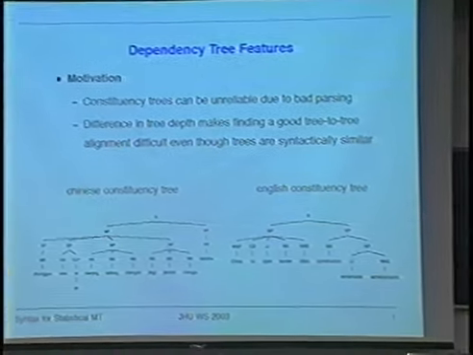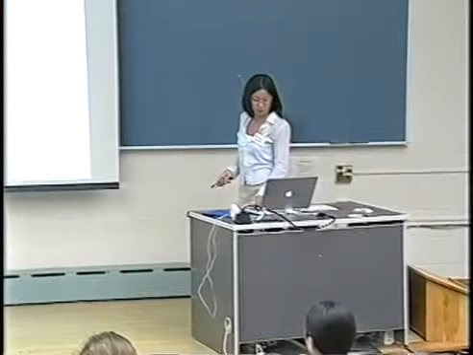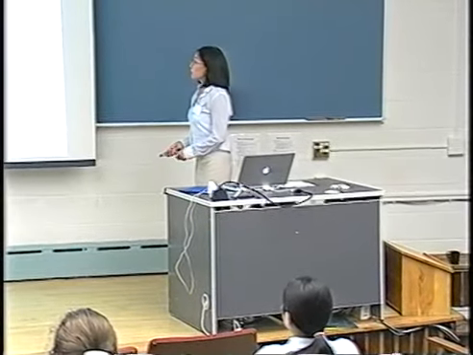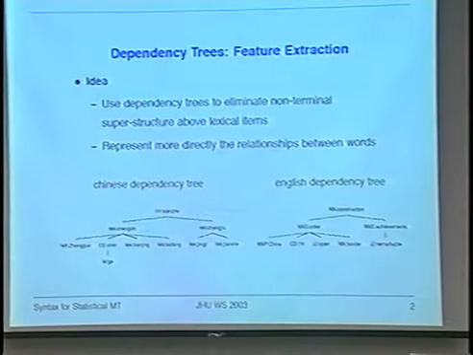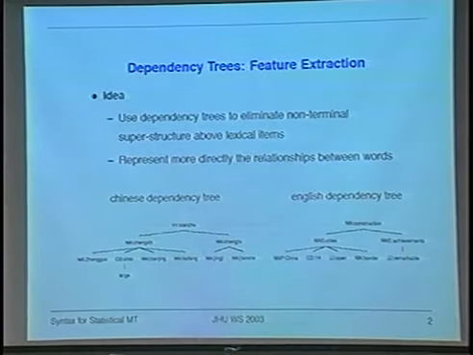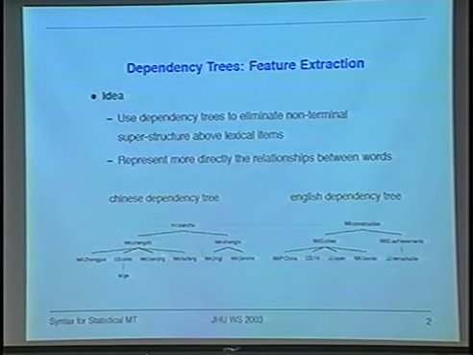So we wanted to solve this problem. We did that by looking at dependency trees. As you can see, these are the same sentences converted to dependency tree format via head rules. So the top node now becomes the head of the sentence, and directly beneath it are its dependents, the words that either modify it or are a subject or an object of a verb, something like that.